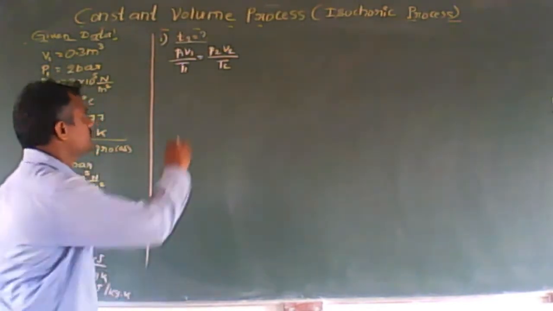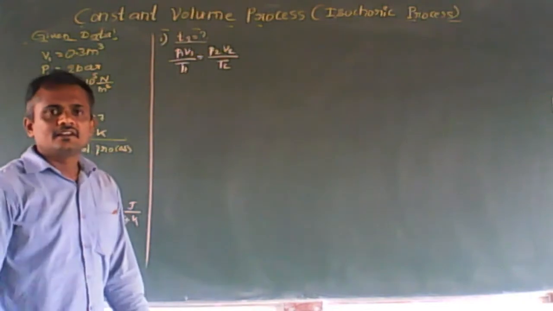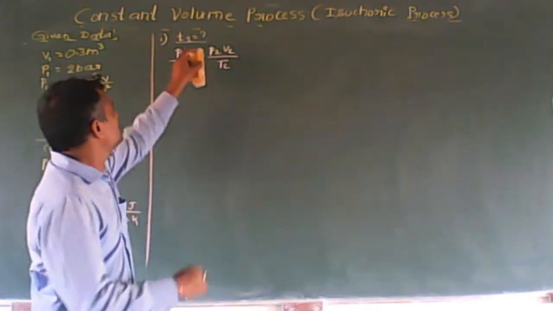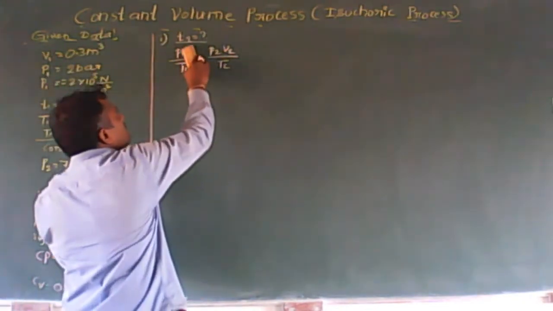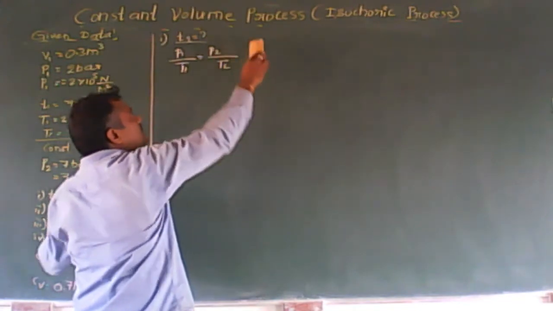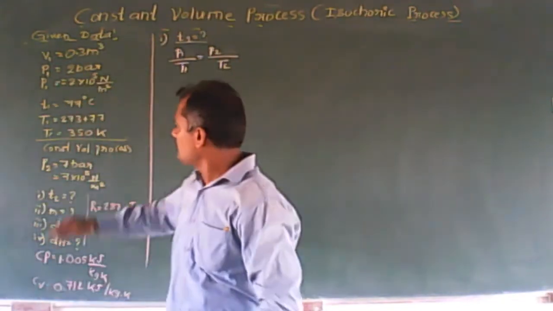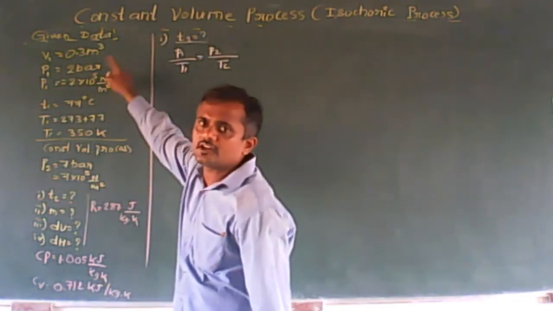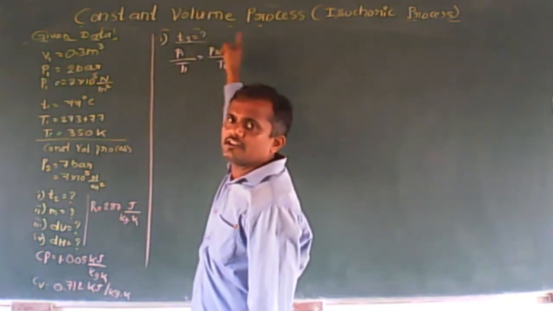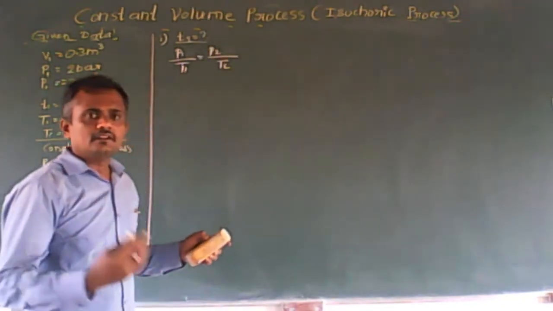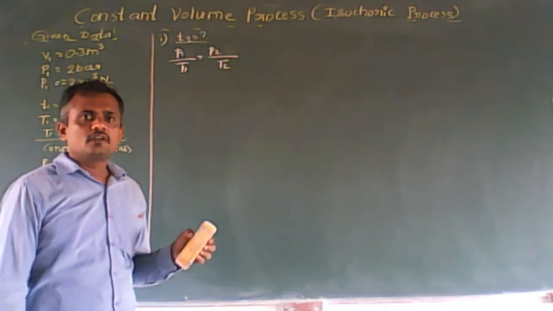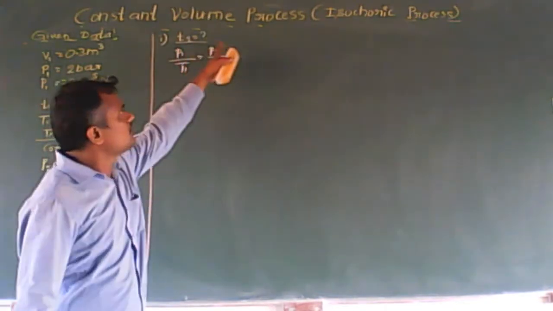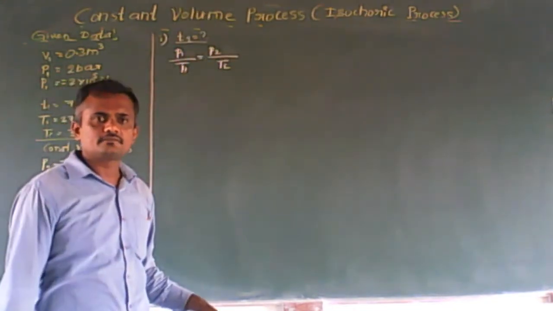Therefore, I can substitute. Or otherwise, if it is a constant volume process, then you can remove the volume. Why? Because the same volume is there. Volume 0.3, 0.3. Here also 0.3. Then this 0.3 will get cancelled. Therefore, I don't want to write this volume again because it is the same.